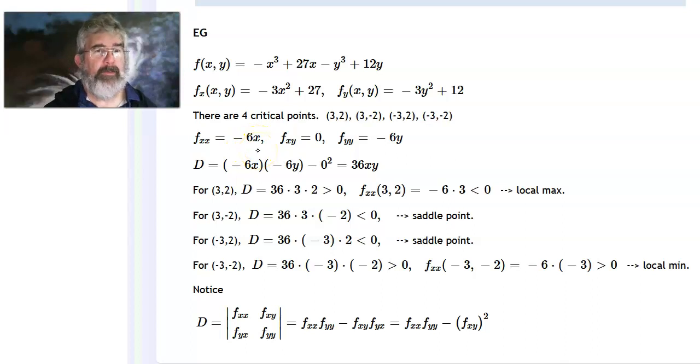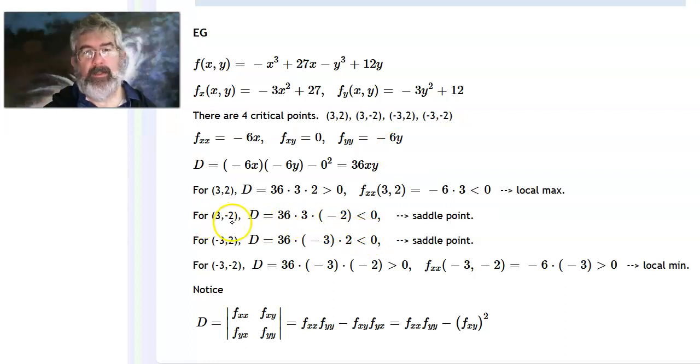That means -18, but I don't care. It's just less than 0, which means this is concave down in the x direction. So this must be a local maximum. Notice I could have done f_yy, because this would have been -6 times 2, which is also negative. So that's still telling me concave down, local max.